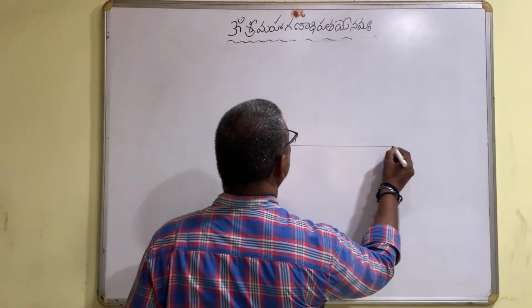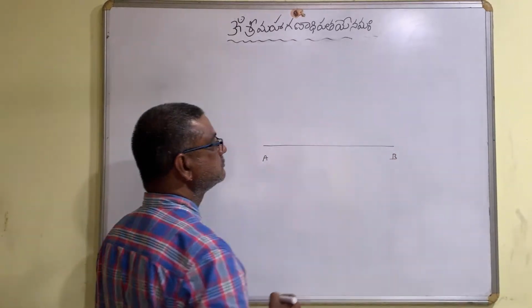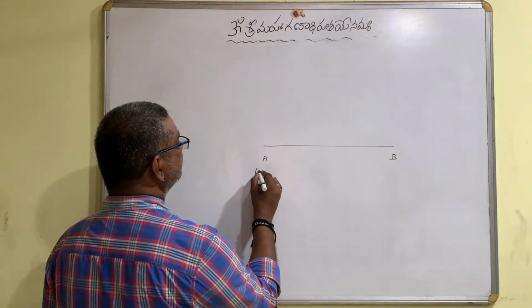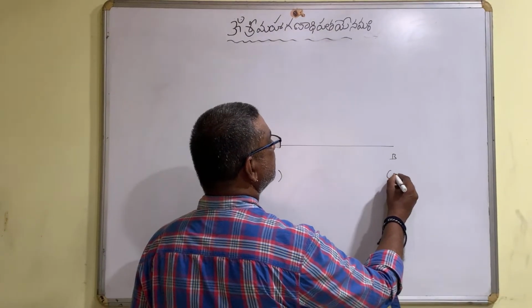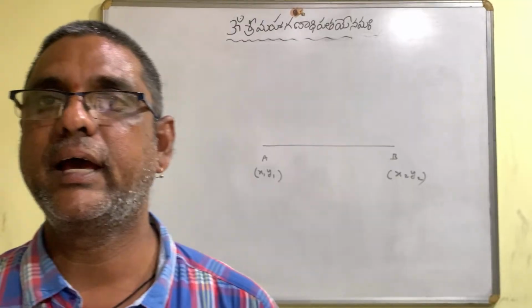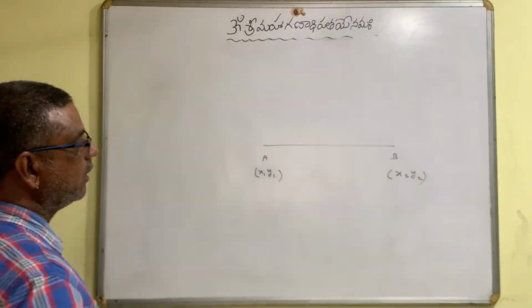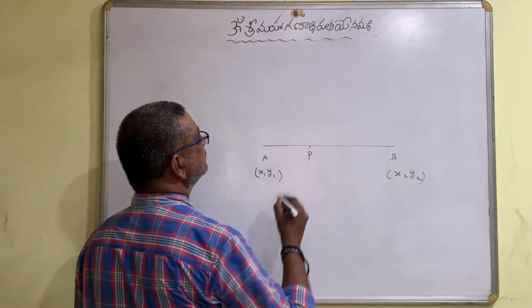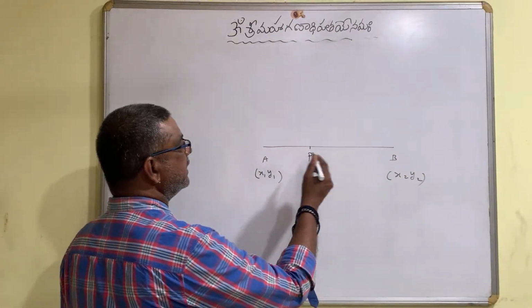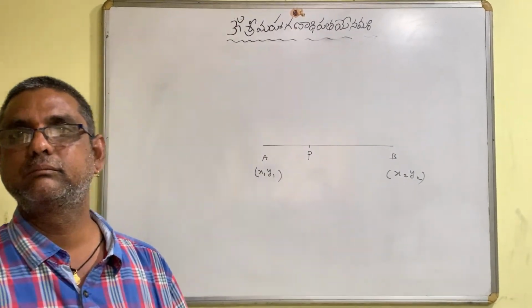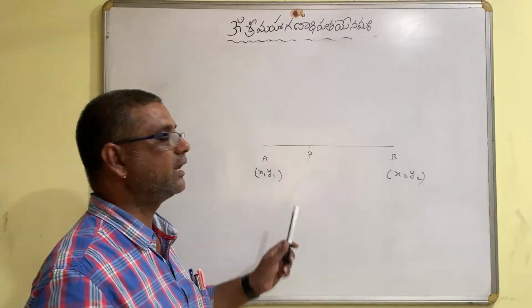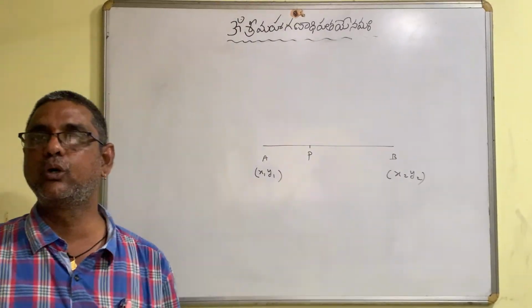Suppose there is a line segment AB whose coordinates of A are x1, y1 and coordinates of B are x2, y2.